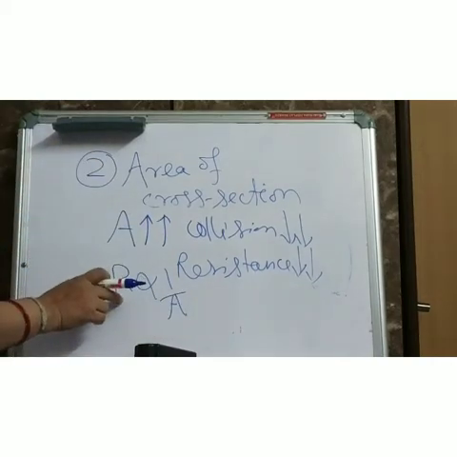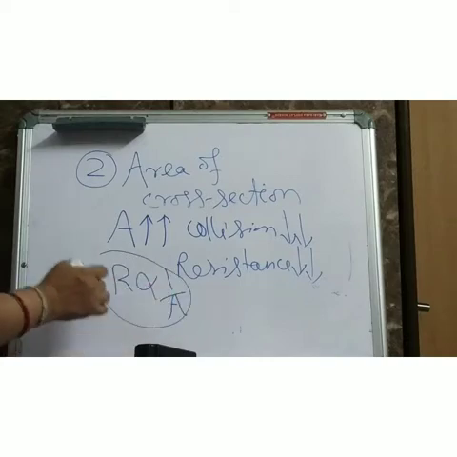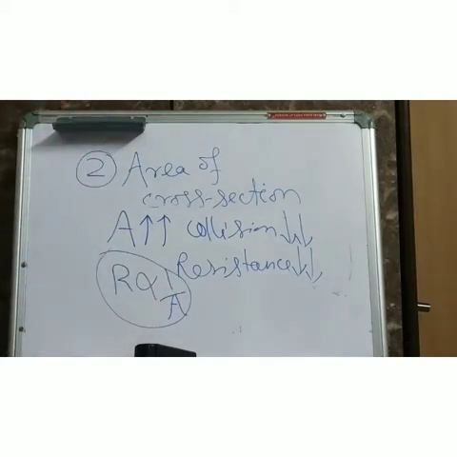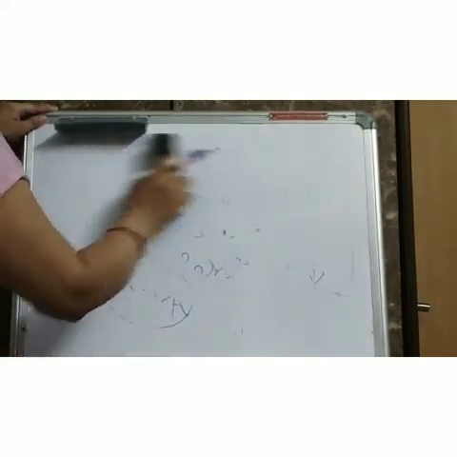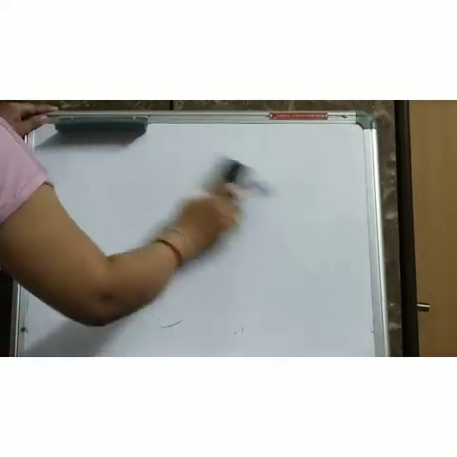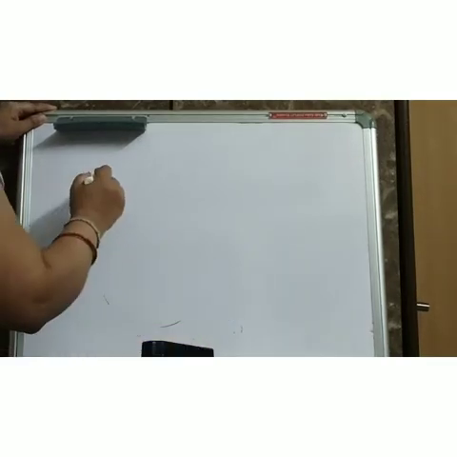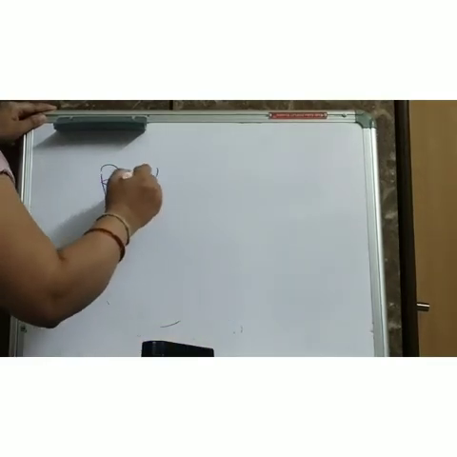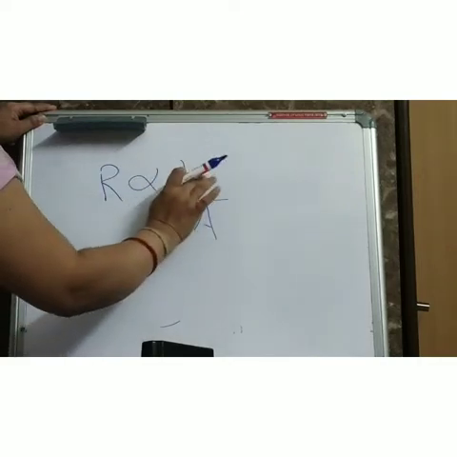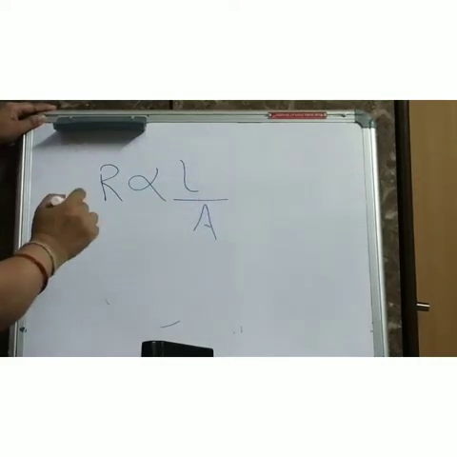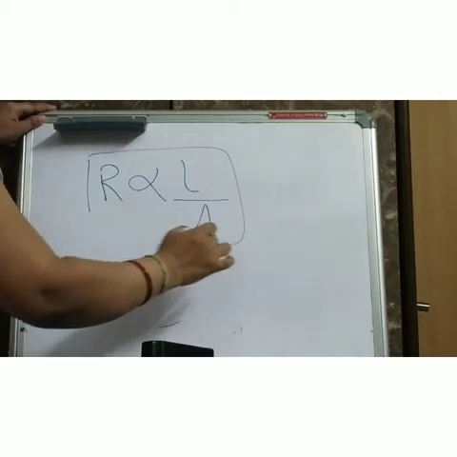First factor was length and resistance is directly proportional to the length. So these two parameters we can combine and write like this: R is proportional to L by A. Directly proportional to length, inversely proportional to area of cross section.